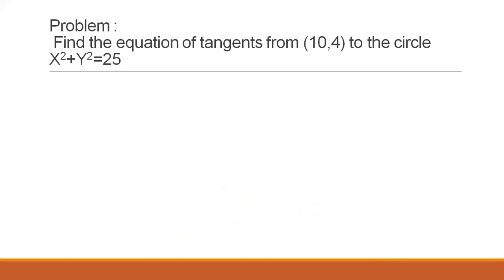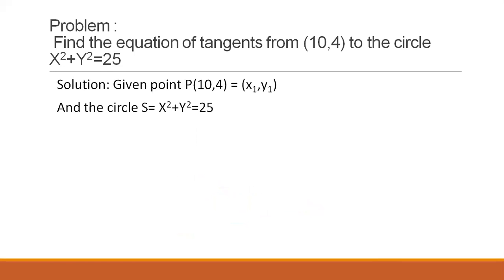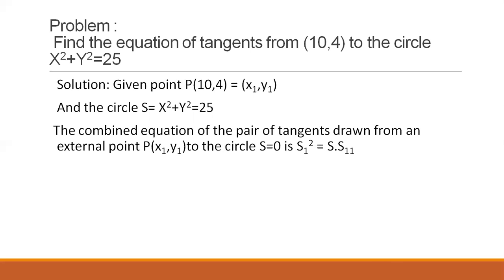Let us solve a problem related to the concept we discussed. Now, we shall find the equation of the tangents from (10, 4) to the circle x square plus y square equal to 25. First, let us write the given point, children. P(10, 4). Let us take this as (x1, y1). And the circle S is equal to x square plus y square equal to 25.